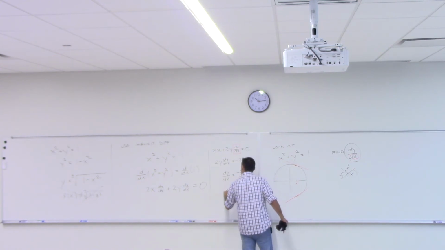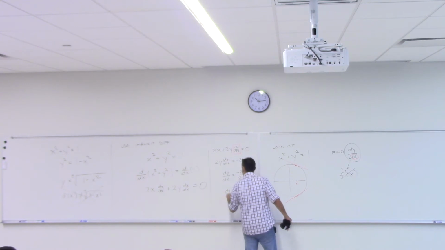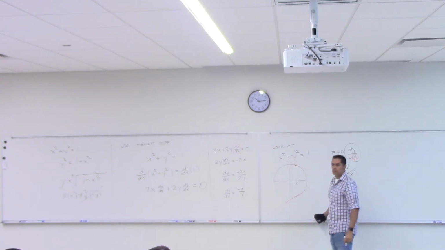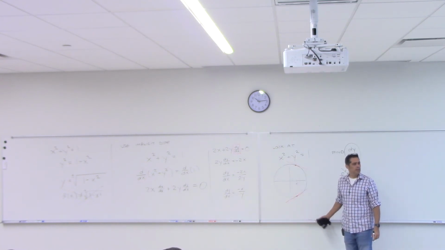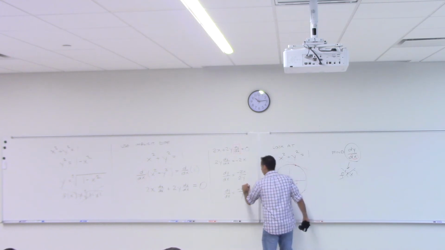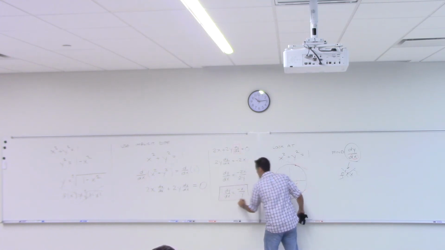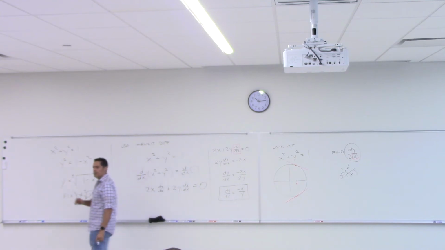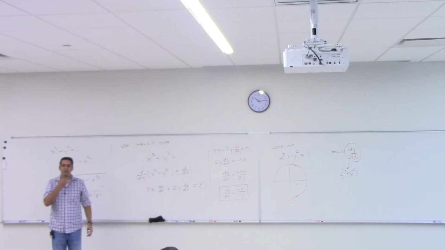And you get dy dx is what? Negative x over y. Yeah? Negative x over y. That's your derivative.